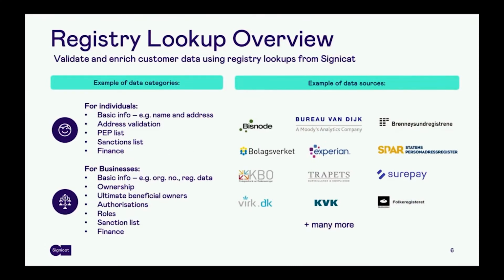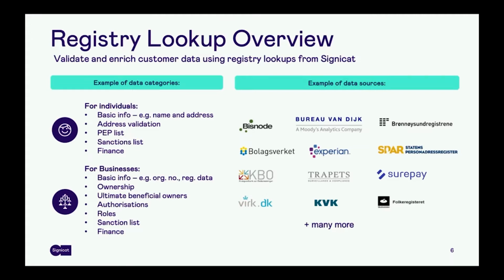So to perform compliant onboardings, we need to validate customer data from several sources. So let's take a look at what kind of data is available from Signicat's platform. For individuals, we have a data category called basic info.